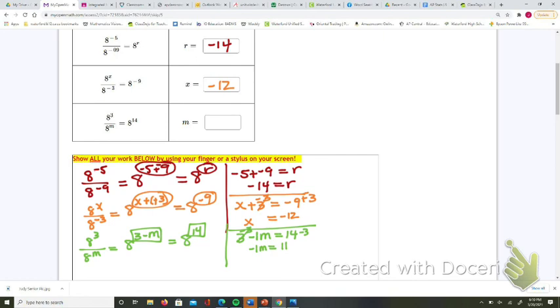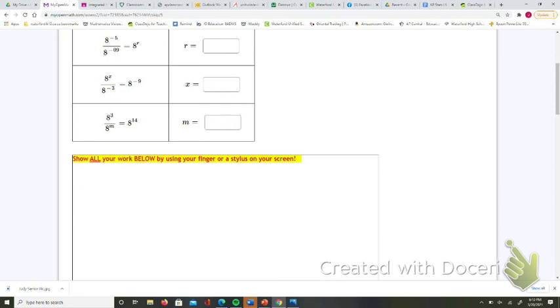So now the m is being multiplied by negative 1, so we have to do the inverse of multiply, which is divide by negative 1. Negative 1m divided by negative 1 is m, and 11 divided by negative 1 is negative 11. And there we have it. Negative 14, negative 12, negative 11.